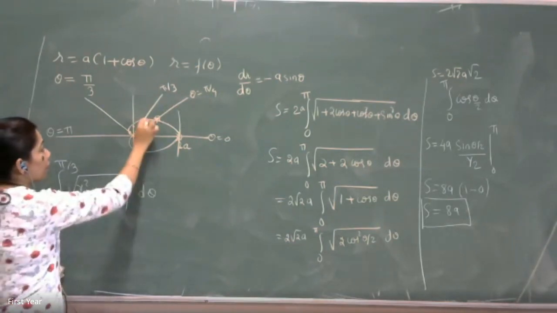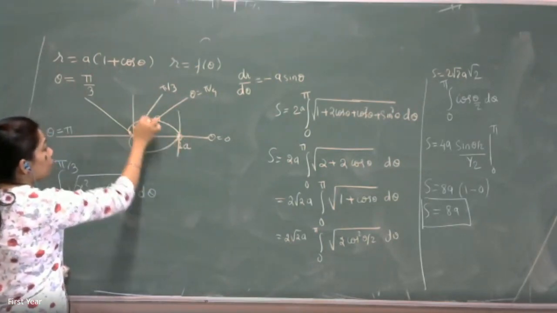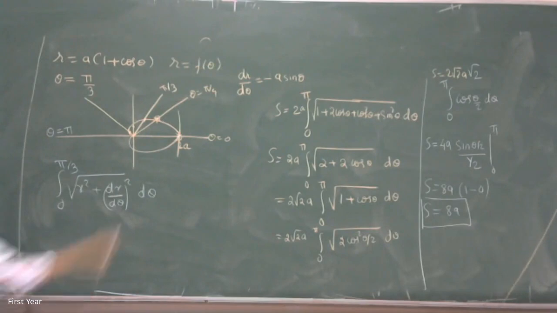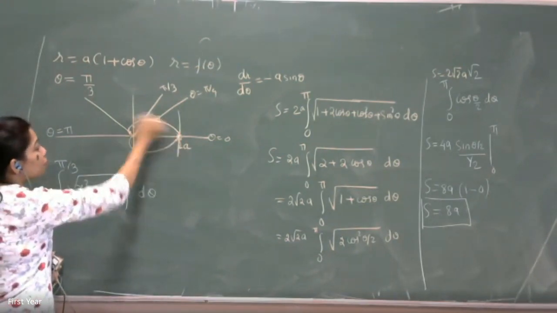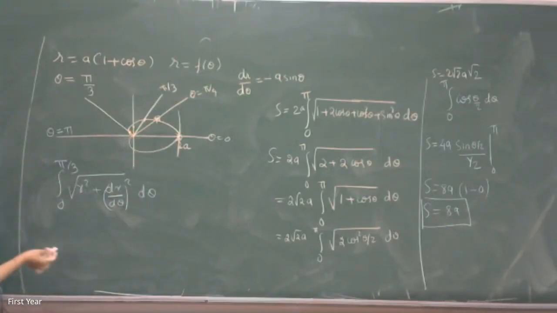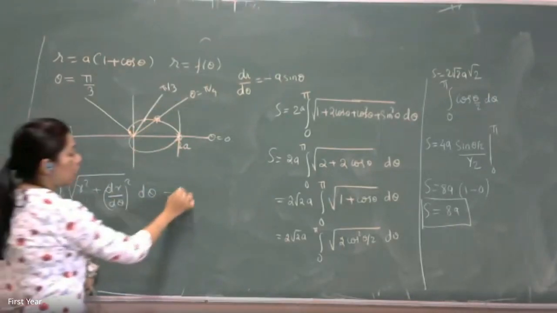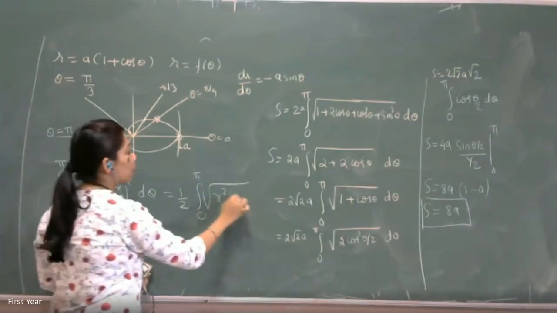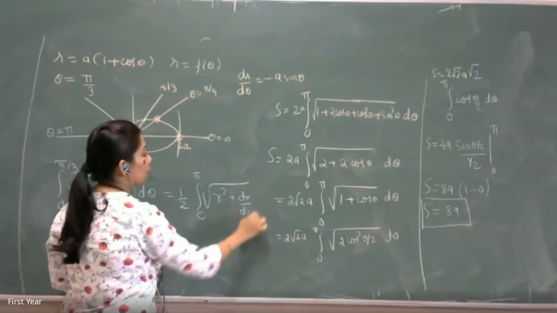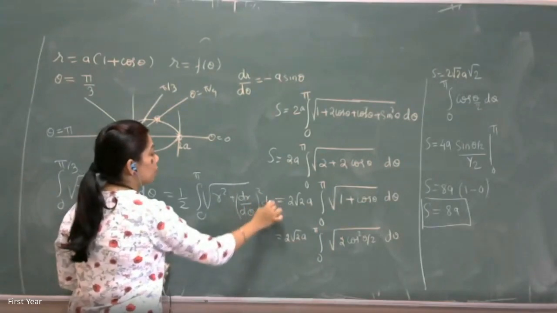From here to here. That's what I have to find. From 0 to pi by 3, I have to find, and I'll show that it is half of 0 to pi. What we have to prove is that this is half of 0 to pi square root of r square plus dr by d theta the whole square. Is this clear, the meaning of the question?